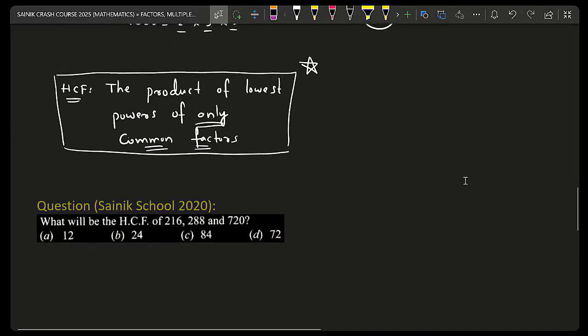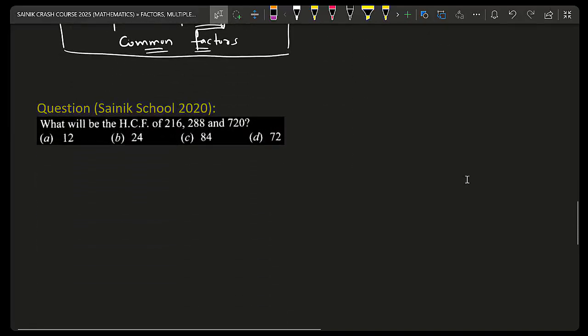This question came in the 2020 Sainik School exam. What will be the HCF of 216, 288, 720? Everybody try this question now.